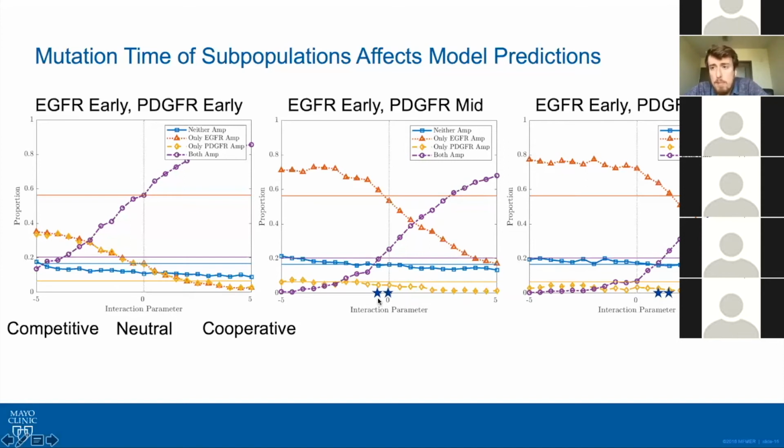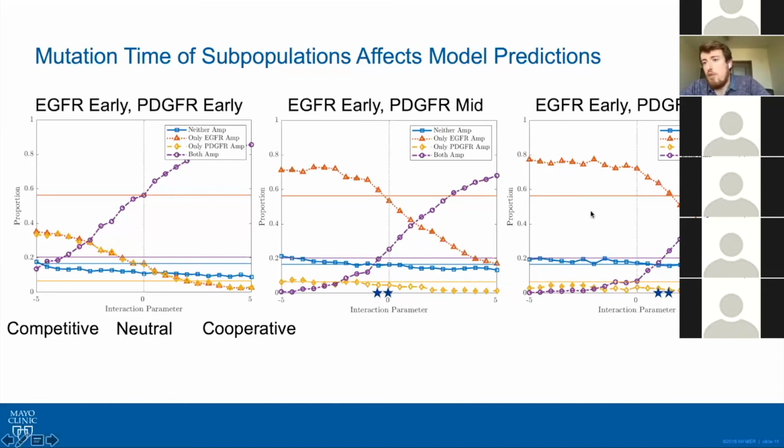And in this example in the middle, we've pointed out two parameter sets for alpha that match the data the best. And you can see that they're clustering around where alpha is approaching 0, meaning that these subpopulations aren't interacting in terms of our best fit to the model.